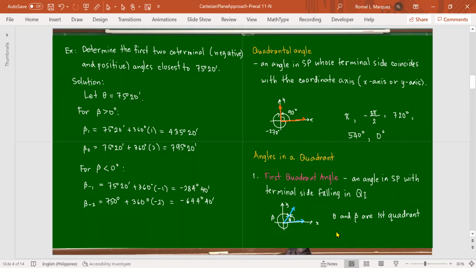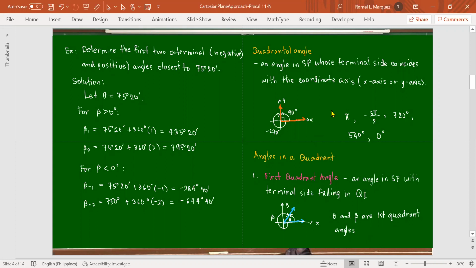Actually, I do not like the term quadrantal angle, because it sounds like an angle in a quadrant, but it's not. A quadrantal angle is an angle whose terminal side falls on the coordinate axis. So better to have a word related to axis: axial angle.